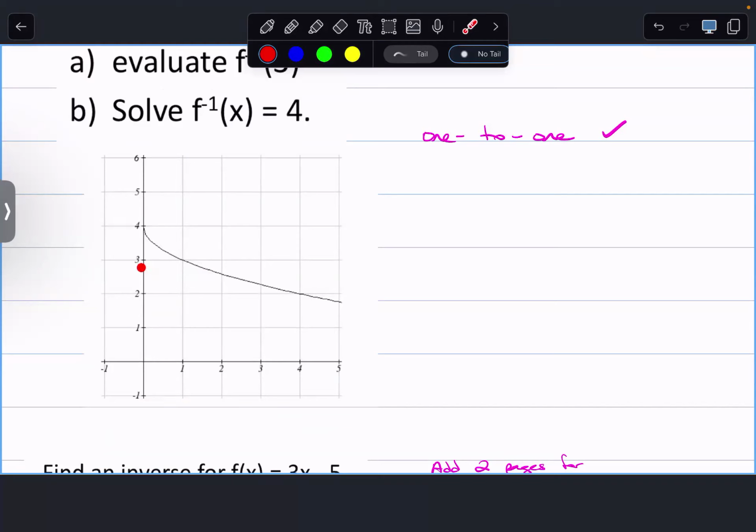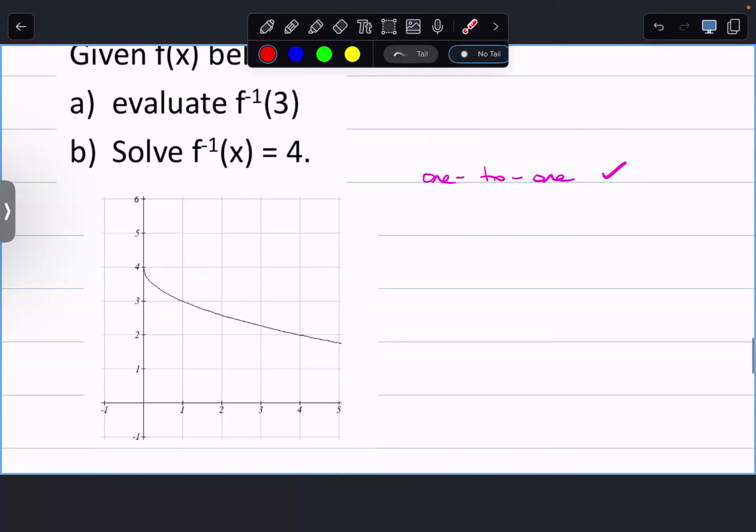The inverse is going to take an input from the y-axis and give you an output on the x-axis. And so now the inverse wants an input of 3. And so here, I'll just circle it like this. And so from here, we give it an input of 3, and we find the output must be 1.